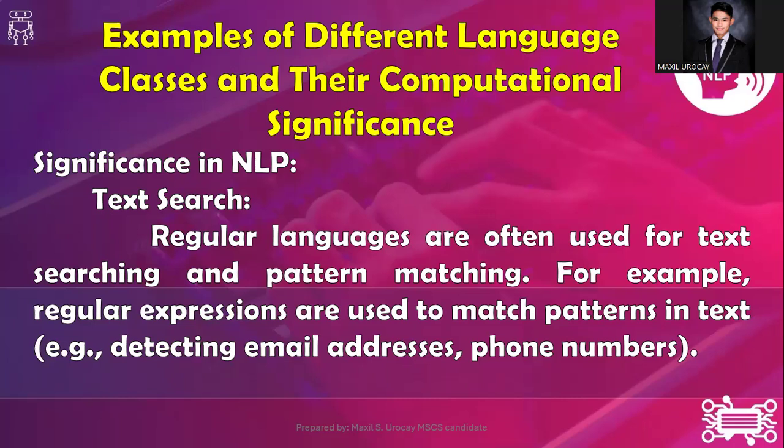The significance of regular languages is that they are often used for text searching and pattern matching. For example, regular expressions are used to match patterns in text, like detecting email addresses or phone numbers. So in NLP, regular languages are crucial for text search and pattern matching, as regular expressions allow for efficiently detecting patterns in text, such as email addresses or phone numbers.